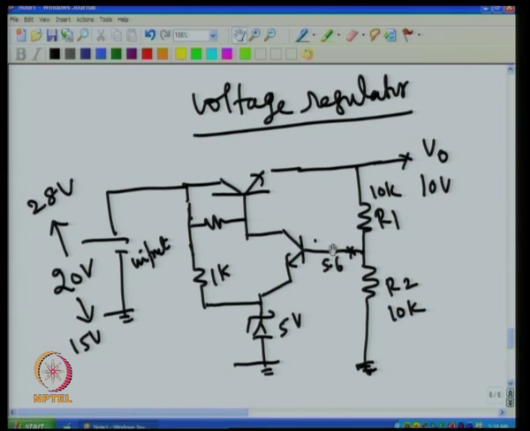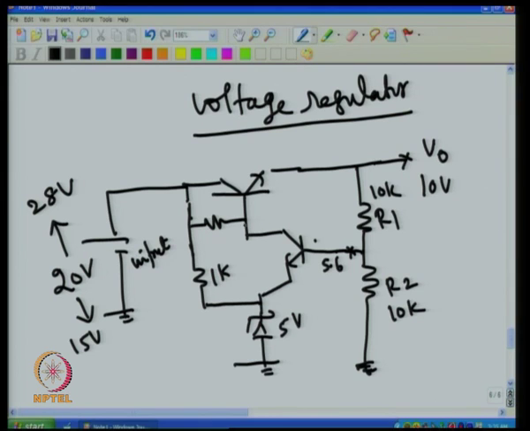If it goes more than 5.6, then what happens? This will conduct heavily. That current actually comes from here, because this cannot give any current, current can only flow here. So, heavy current will flow through this. If heavy current flows through this, there will be a heavy voltage drop across this, and that will make this voltage decrease.